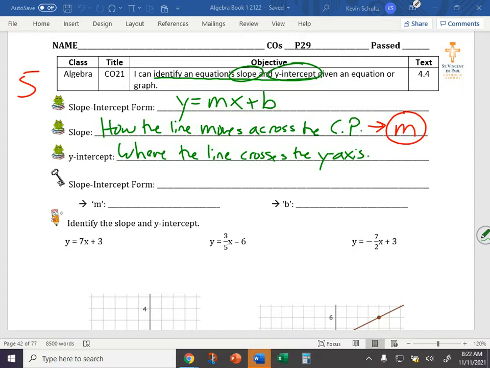Yes, it's the point where the line crosses the y-axis. That is the y-intercept, and in slope-intercept form we represent the y-intercept with the b variable. The reason is, back in the day, when math was first being discovered and taught, it was actually called the y-bintercept. The b for bintercept.